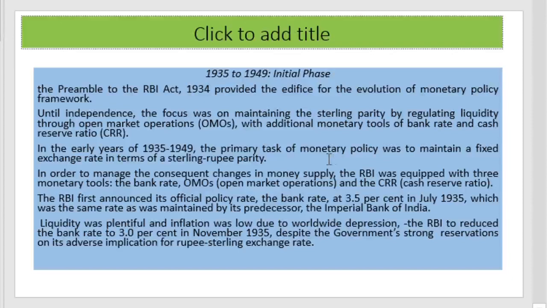The first period, that is 35 to 49, is the initial phase. The preamble to the RBI Act 1934 provided the edifice for the evolution of monetary policy framework. That is, the RBI Act 1934 has given the rules and provided details regarding the monetary policy framework.